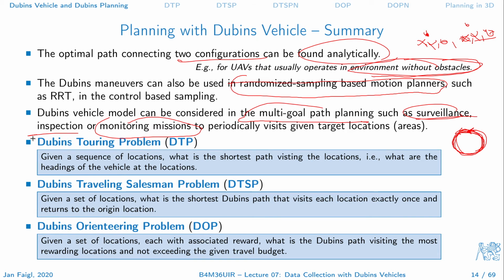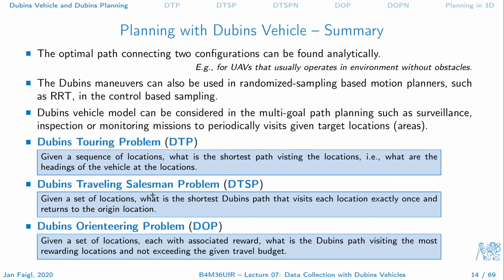And we can formulate three types of problems. The first is that we have a given sequence of locations, and we are looking for the shortest path to visit these locations, which for the Dubin's vehicle actually is the problem to find the headings of the vehicle at these locations. And we call this problem Dubin's Touring problem.